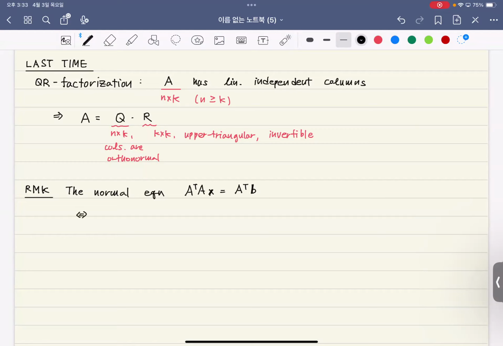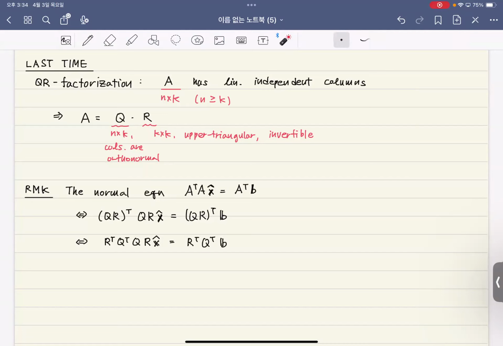If I replace every A by QR, then I have R transpose, Q transpose, Q R x hat is R transpose, Q transpose, b.